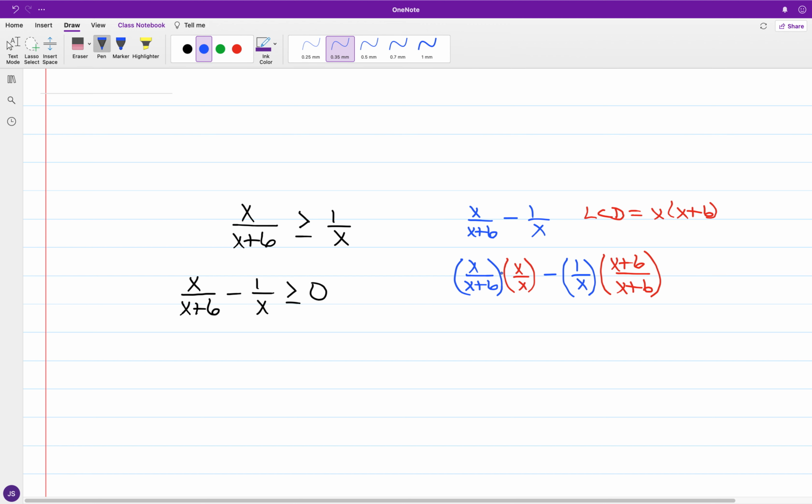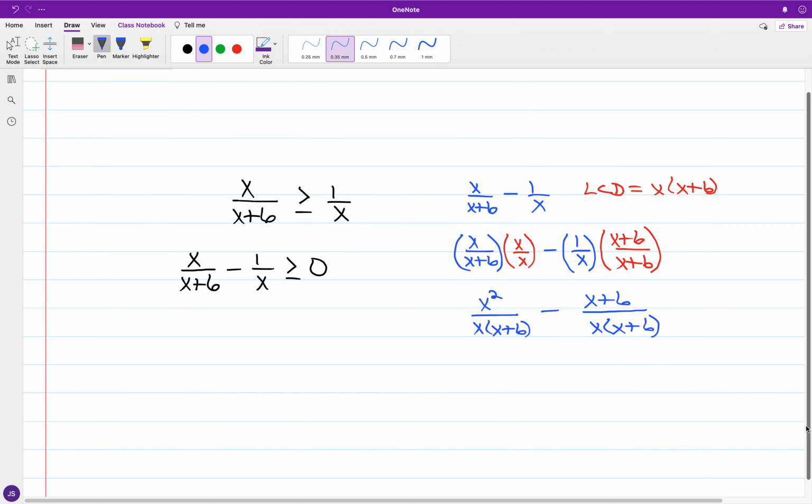Okay, so in the adjustment, for the first ratio I have x squared all over x times the quantity of x plus 6, and we have minus, okay, now we got x plus 6, and we have all over x times the quantity of x plus 6. Now, so look at gathering the fractions. Okay, so we have x squared.